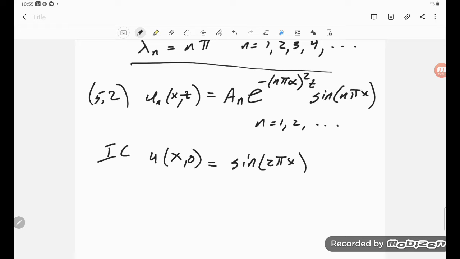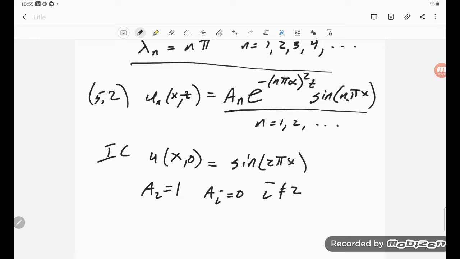Oh, well, then a sub 2, for n equal 2, would equal 1, and a sub i would equal 0 for i not equal to 2.